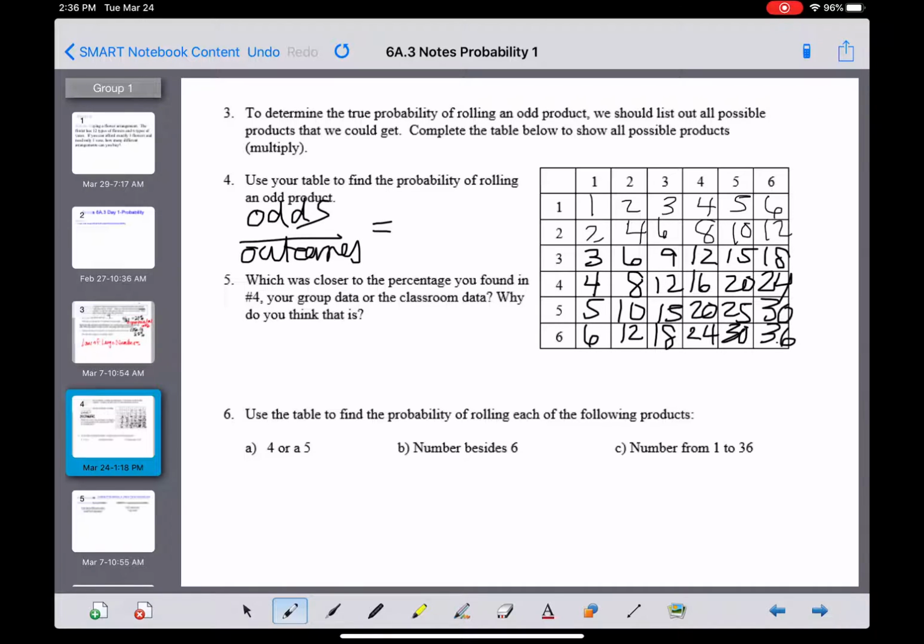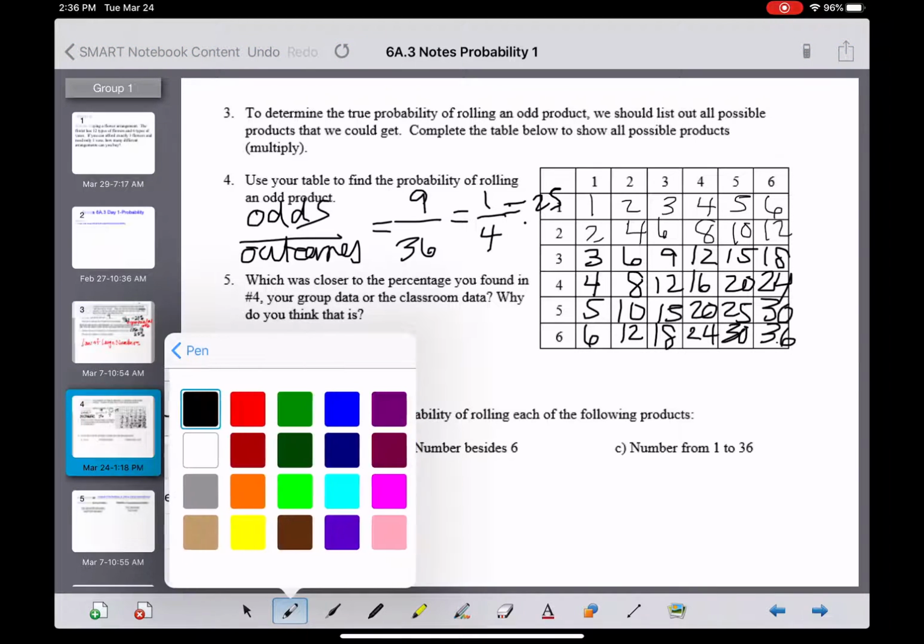When I count up the odds, I find that there are 9 odds and there are 36 total outcomes, which is 1/4, which is 25%, 0.25. So this is the theoretical probability.